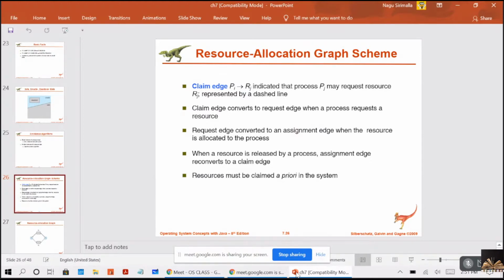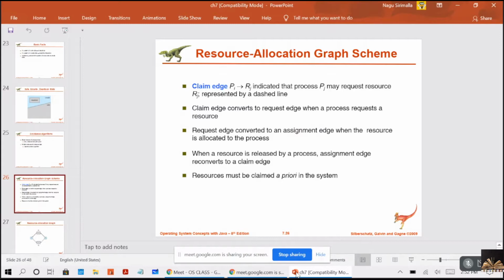When the process Pi requests Rj, then the claim edge is converted to a request edge. Initially we assume it may request and put the claim edge, but whenever it is requesting, you convert the claim edge to the request edge, right? When a resource Rj is released by Pi, the assignment edge is converted to the claim edge.